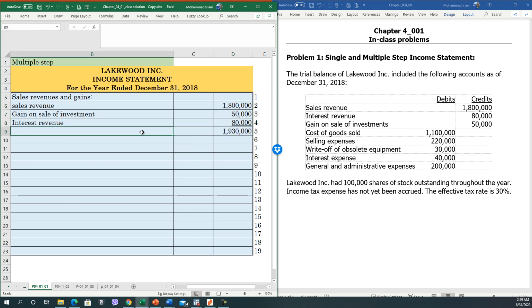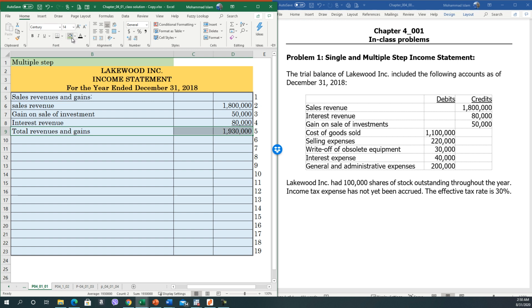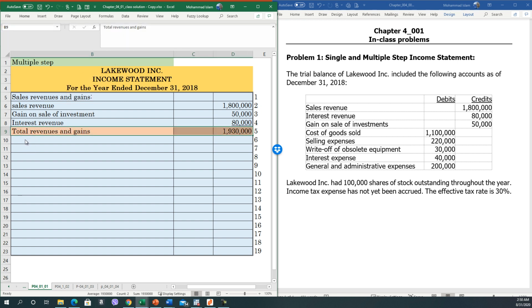This one is our total revenues and gains. Let's make it a different color so we can easily understand. That's all for total revenues and gains, and now expenses and losses.